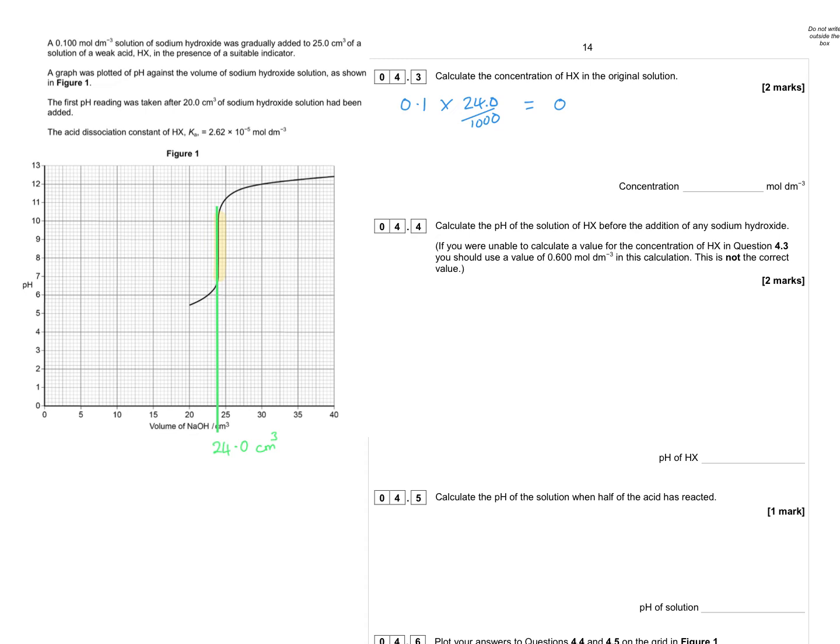So we know that the concentration 0.1 times the 24 over 1,000 is going to give us a number of moles of sodium hydroxide that have been added, so 0.0024 moles.